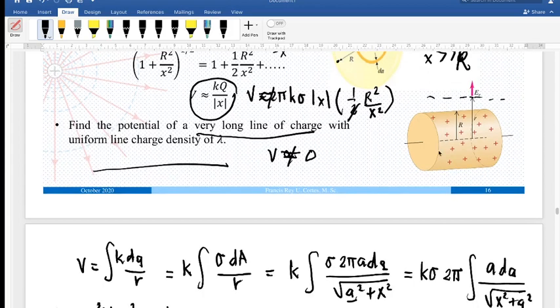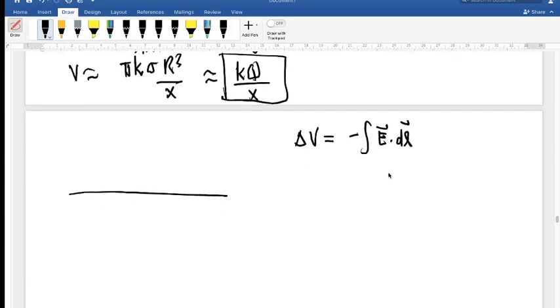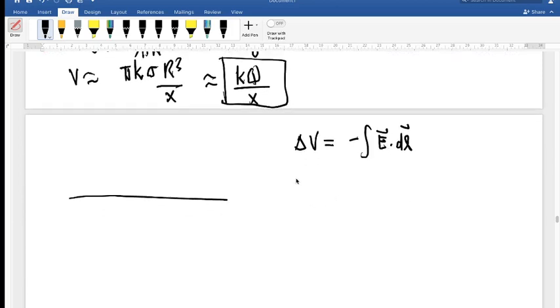So using this expression, we have to calculate the potential at point r, meaning from the surface of our line charge to the point here. So this is our reference point, which can easily be done. So this is our point charge.